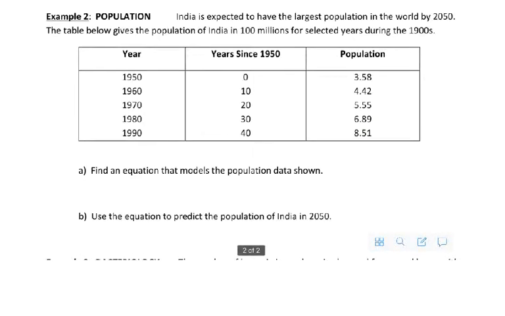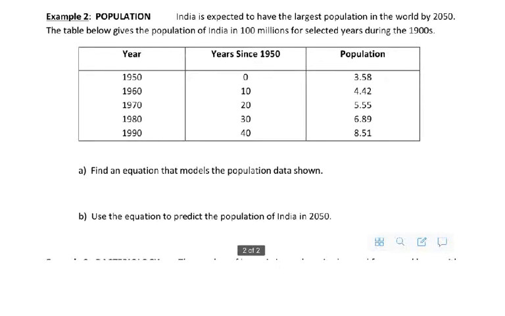Let's do an example of an exponential scatter plot on the calculator. It says India is expected to have the largest population in the world by 2050. The table below gives the population of India in 100 millions for selected years during the 1900s. Remember that when we do these regressions, we don't like to actually plug in a year for list 1.